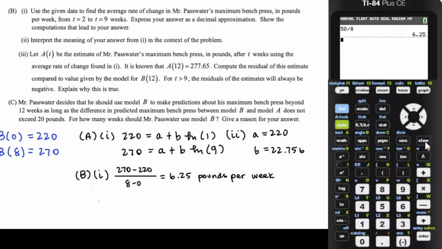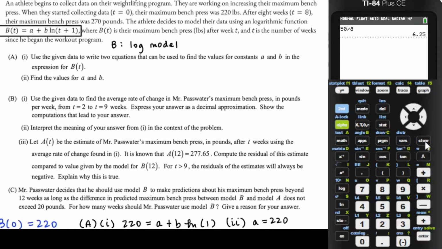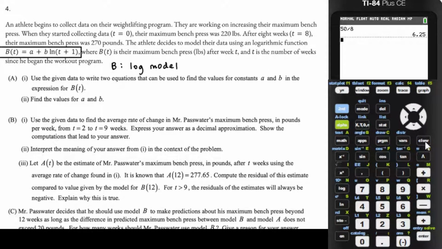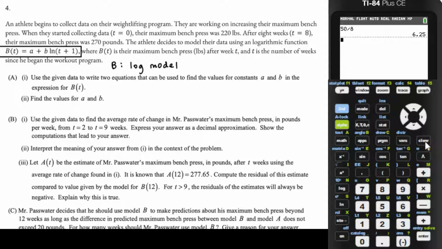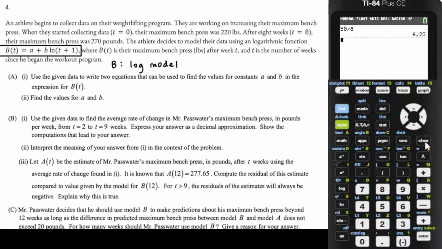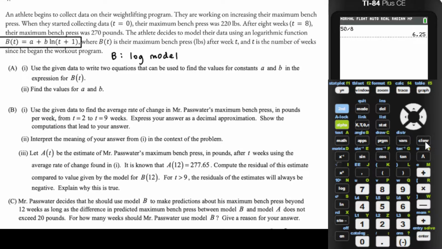Okay, B2 is going to ask us for an interpretation in the context of the question. That's going to be, on average, what does B represent? B of T is their maximum bench press.